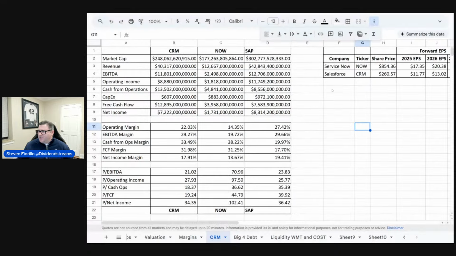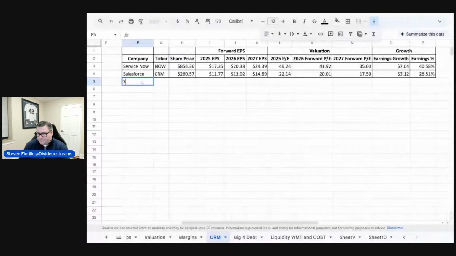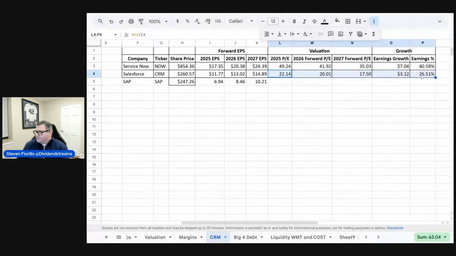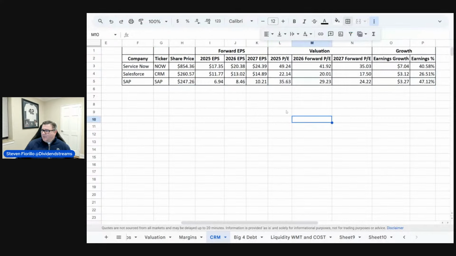We'll throw SAP on the forward also real quick. SAP's got a lot of growth. The analyst community is expecting a lot of growth for SAP.